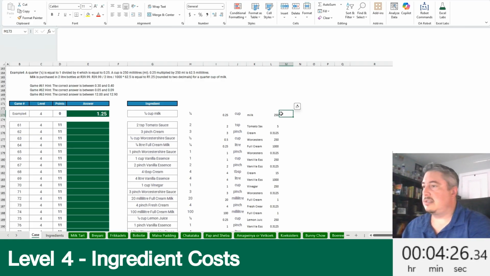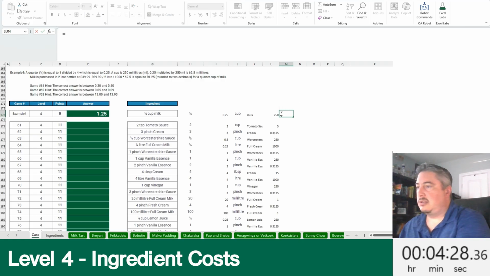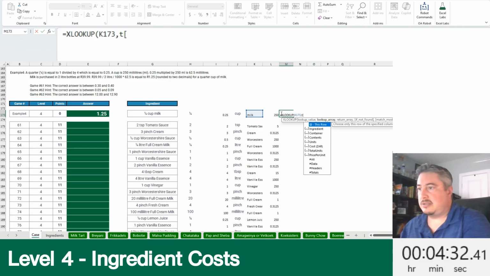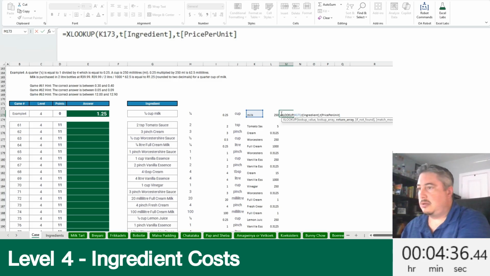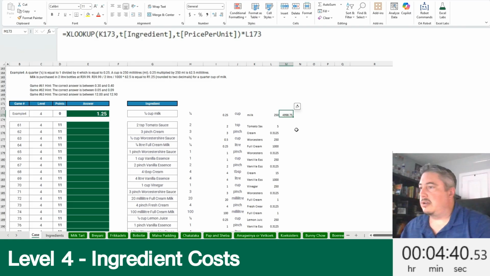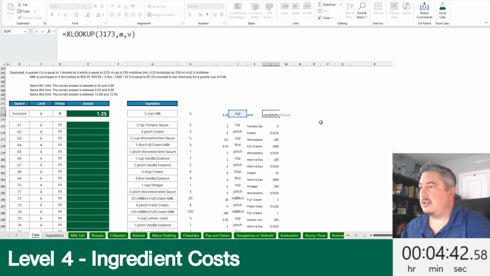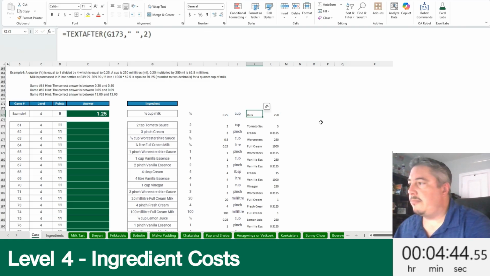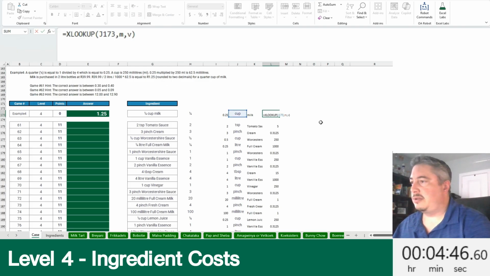So that's units equals X lookup ingredient to the price per unit times that. Okay, no, that's not right. So here's that.